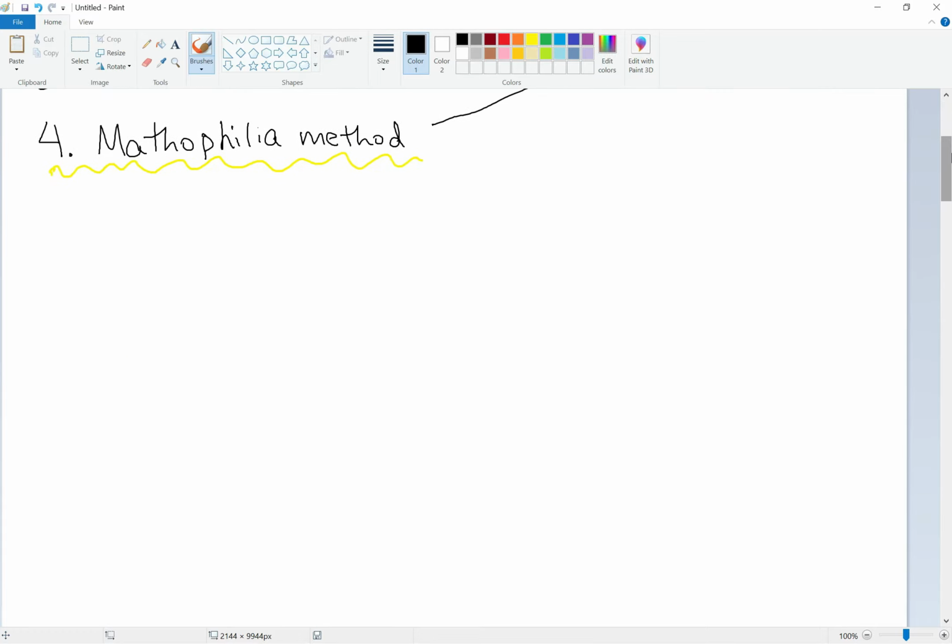For the sake of this video, we'll be using a quadratic as an example, but you can do this for any other quadratic if you want to. So let's start with the quadratic x squared minus 10x plus 21 equals 0. There are two things we know from this. Let's say that the roots are r and s.